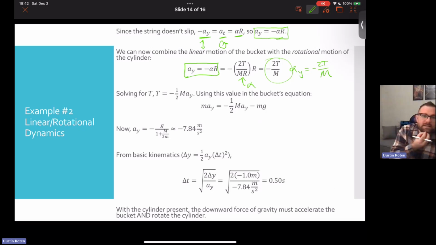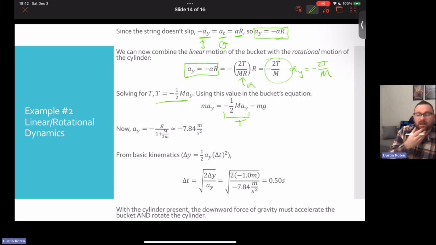Okay, well, let's see. What we can do is solve for T, which is just some simple algebra, and then plug that into Newton's second law equation. So that's going to go in right here, because remember, this was just T when we wrote out Newton's second law, but now we actually have an expression for it.